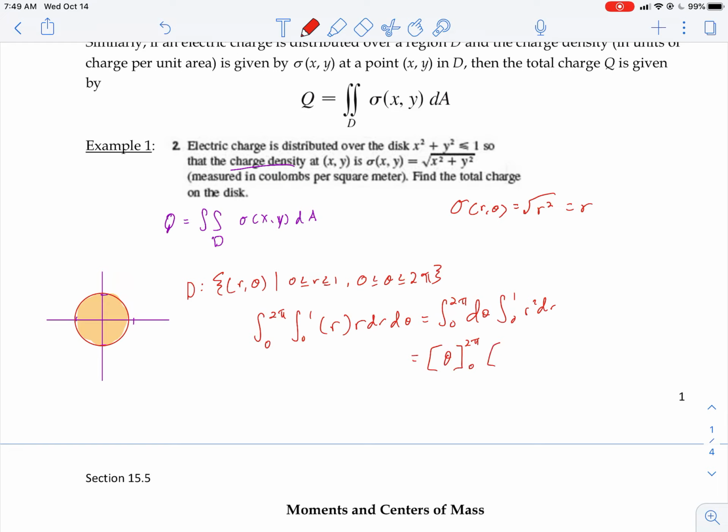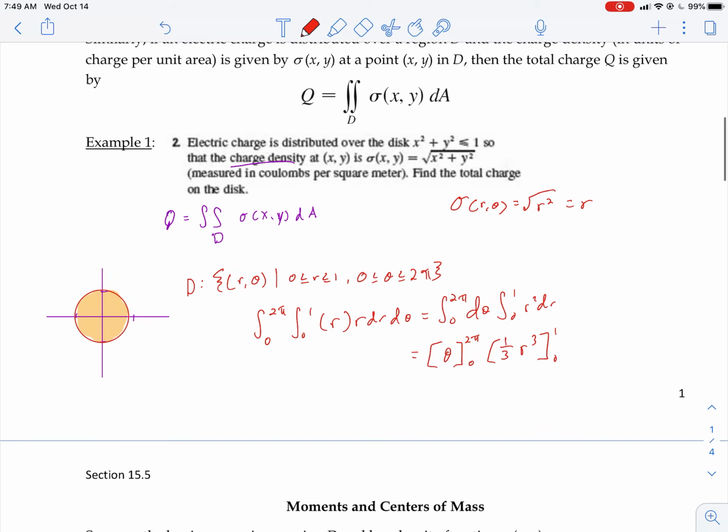Then 1/3 r cubed going from 0 to 1, and so I'm going to get 2 pi times 1/3, and I'm just going to be left with 2 pi over 3, measured in coulombs, so 2 pi over 3 C.